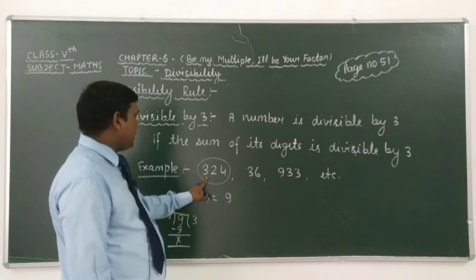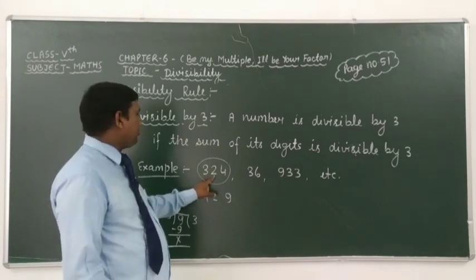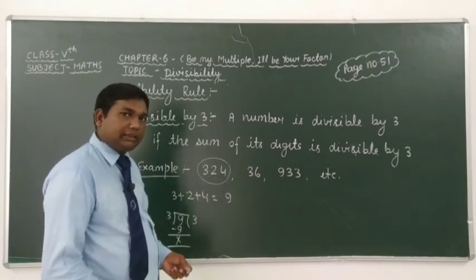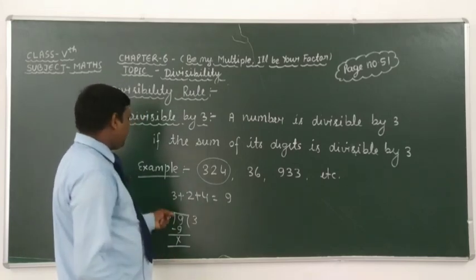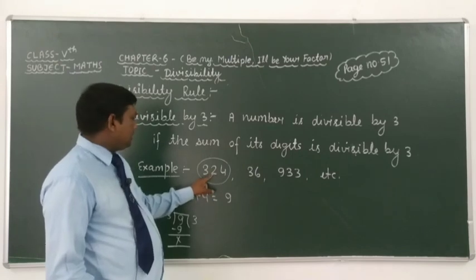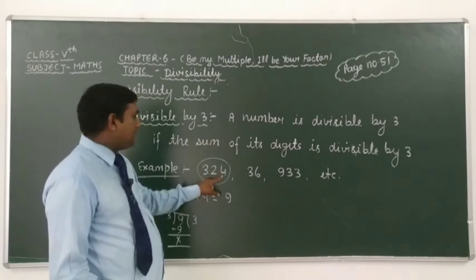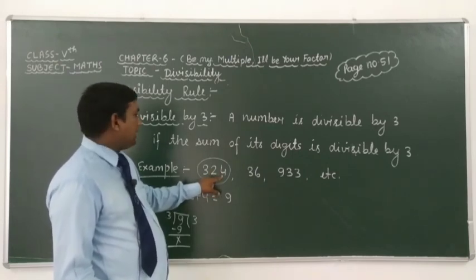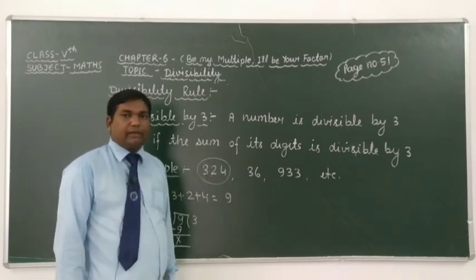Therefore, we can say that the given number 324 is also divisible by 3. Okay, students, if the sum of its digits is divisible by 3, then we can say that the given number is also divisible by 3.